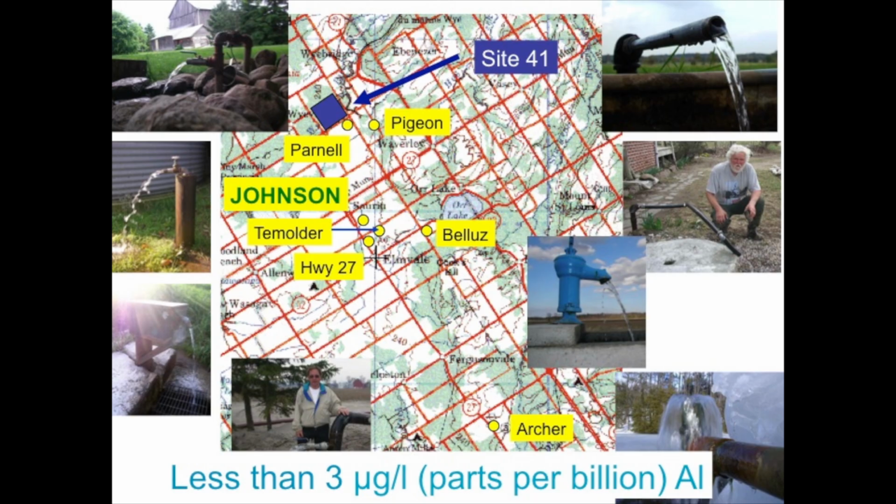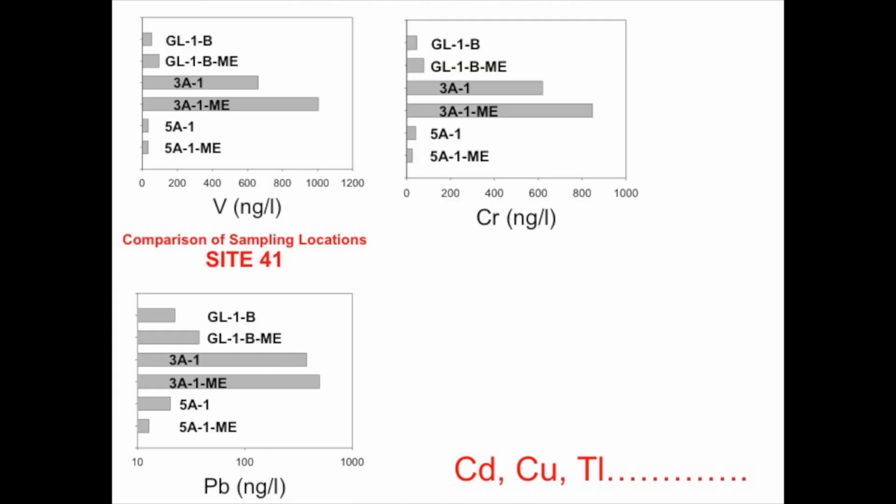Well, I've measured aluminum in all of these waters, from all of these flows. I never get more than 3 parts per billion. So my aluminum values are 100 times lower than the values for the monitoring well. So what's going on here? Well, if we look at their lead concentrations, they show the same pattern. Vanadium concentrations, it shows the same pattern.